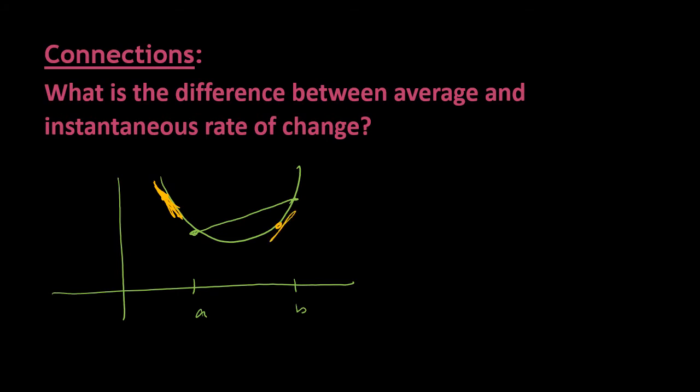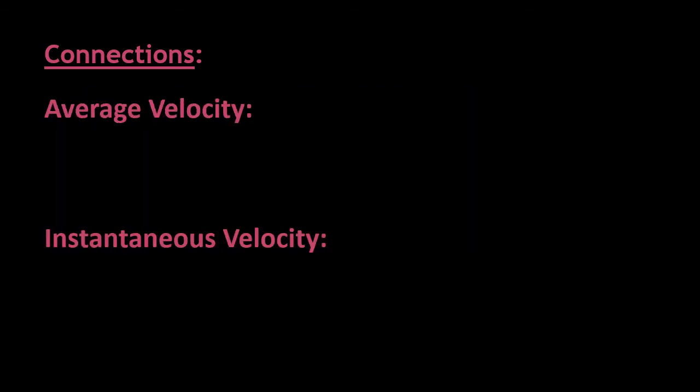If I take the slope of the tangent line right here, because the slope is positive, I know the function is increasing. So the slope of the tangent line is a better indicator of what's going on at a single point, or at one instant on the graph.